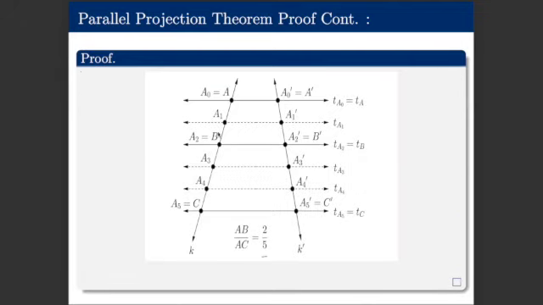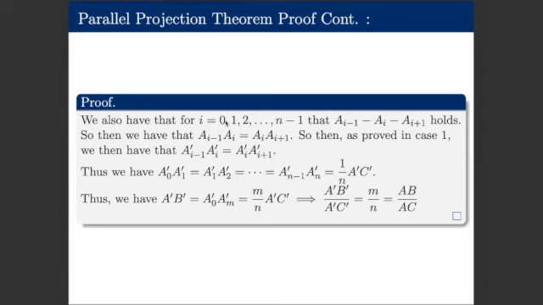It's just showing that as long as they're directly next to each other, the distance between each segment is going to be the same. So as we proved in case 1, which is when AB equals BC, if this is true, then it is also true for those prime values. So we have A0 prime A1 prime is equal to A1 prime A2 prime, and so forth, all the way up.